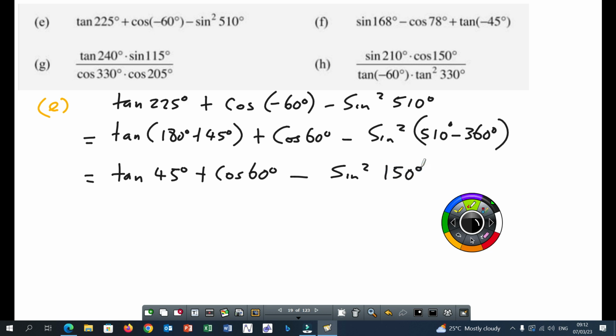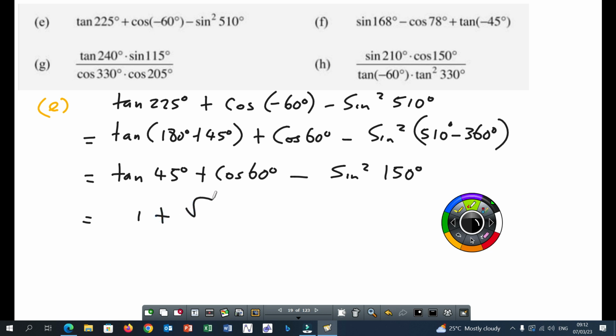It's important for all of you to know that 150 can be written as 180 minus 30 degrees. Since it is squared here, we always get a positive answer. Fortunately, this angle is in the second quadrant, so sine is positive. Tan 45 is 1.